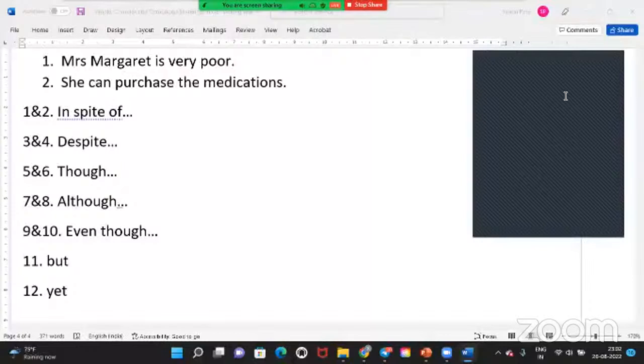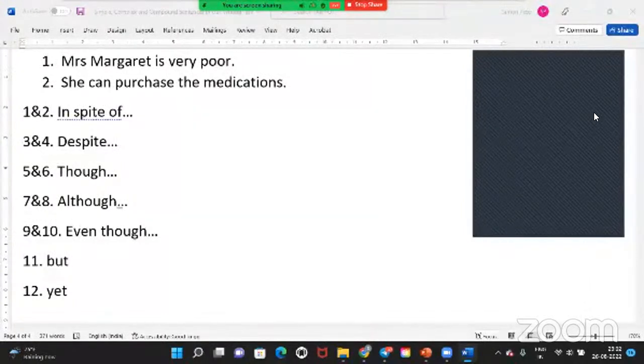Although Mrs. Margaret is poor, she can purchase medications, Sravanti, correct. Stella Maris, though, T capital letter. Why are you not writing a starting capital letter and ending full stop? Stella Maris, I will not correct your sentence. Go. In spite of being poor, Mrs. Margaret can purchase the medications. Sravanti, correct. If capital letters and full stops are not there, you rewrite, then only I'll correct.